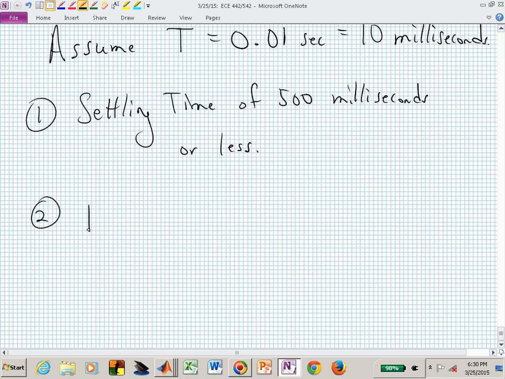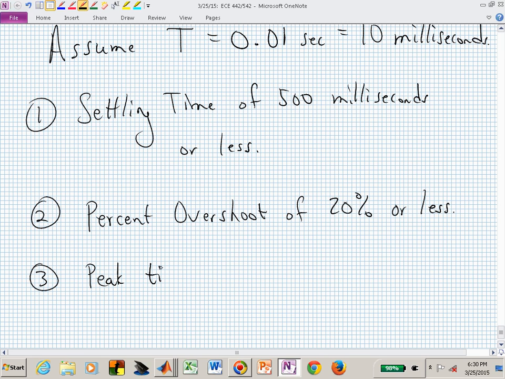We also want our percent overshoot of 20% or less. And suppose that we want a peak time of 100 milliseconds or less.